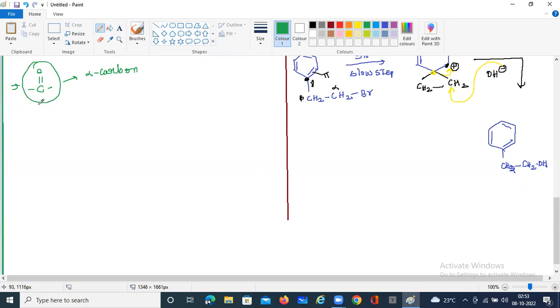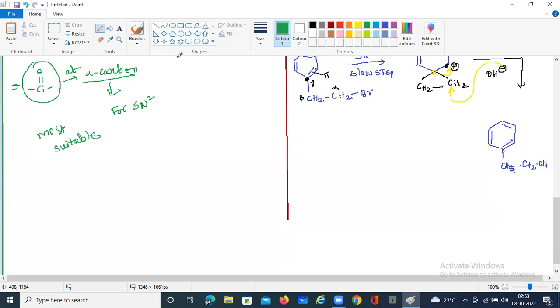The carbonyl group present at the alpha carbon is the most suitable substrate for SN2. Very important point: it is the most suitable for the SN2 reaction.